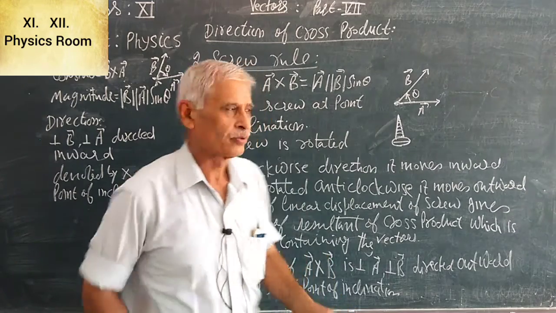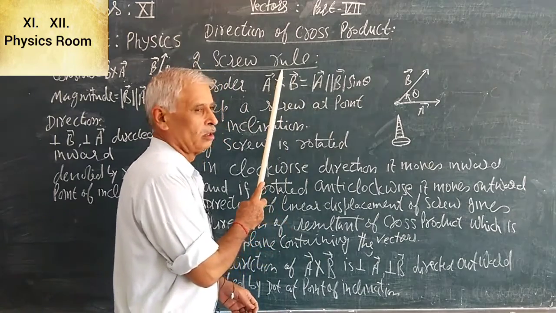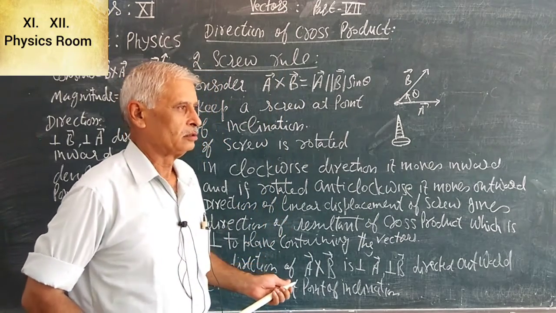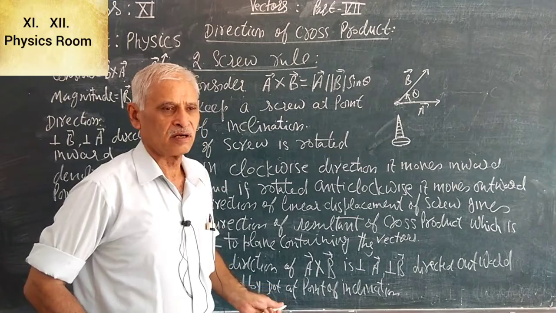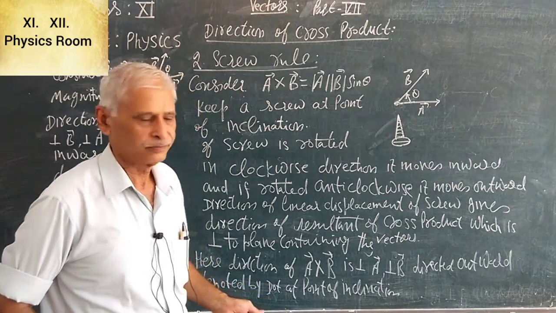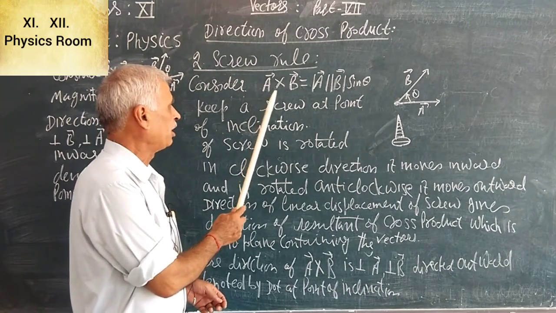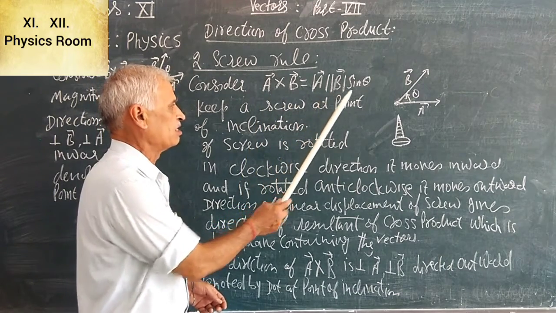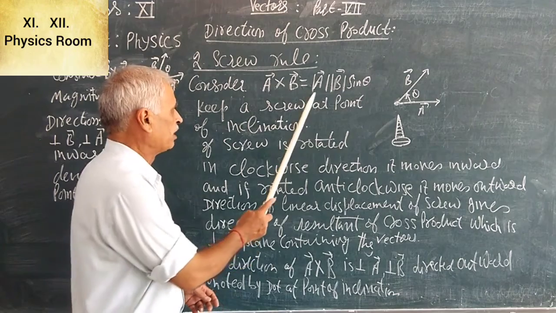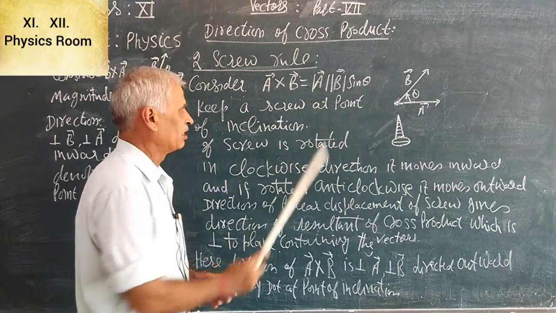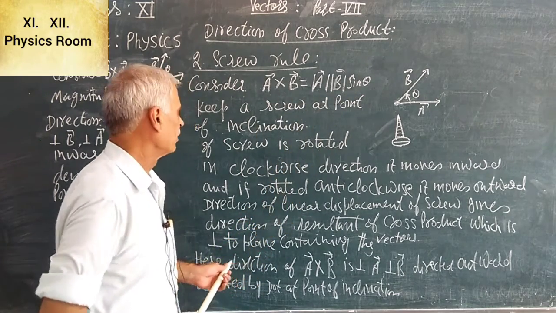Let us take up the screw rule to find the direction of the resultant of the cross product. Consider the cross product A cross B equal to mod A mod B sin theta. It is the magnitude of the cross product. Now what is the direction of the resultant?